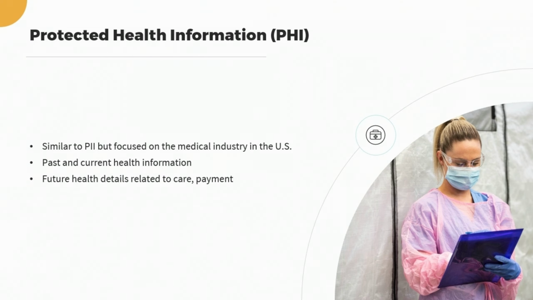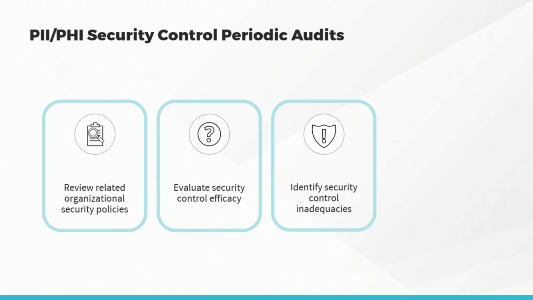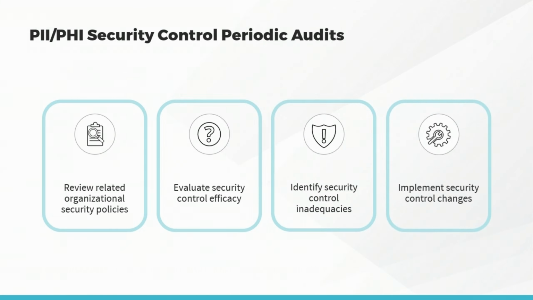A periodic security control audit will allow you to evaluate the efficacy of the existing controls that might protect the data, and it might reveal that you need to replace a security control that was once effective and no longer is. You might modify the configuration of an existing security control, so it lets us identify the security inadequacies and implement security control changes as required.